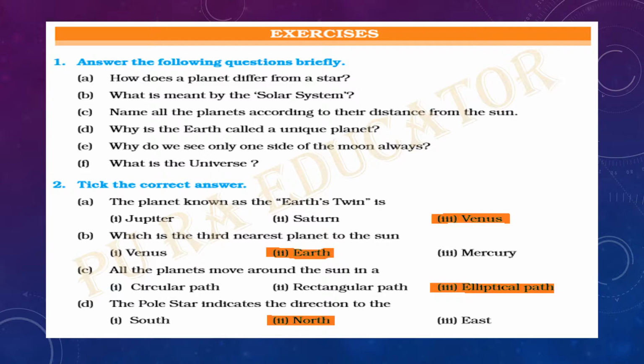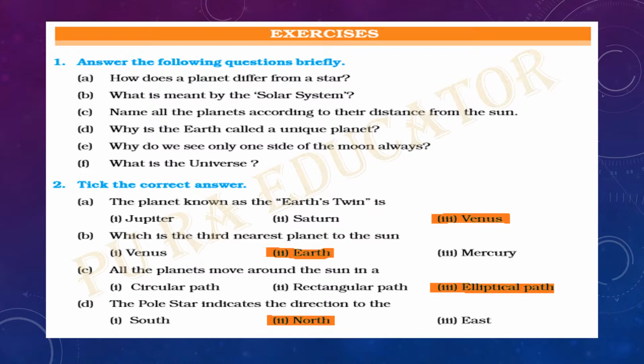I have discussed it, you will mention it in the comment section. Fourth one is, why is the Earth called a unique planet? I have discussed that Earth has life supporting gases, it has air and water, and it is not too hot or too cold, so it supports life. So it is known as a unique planet.